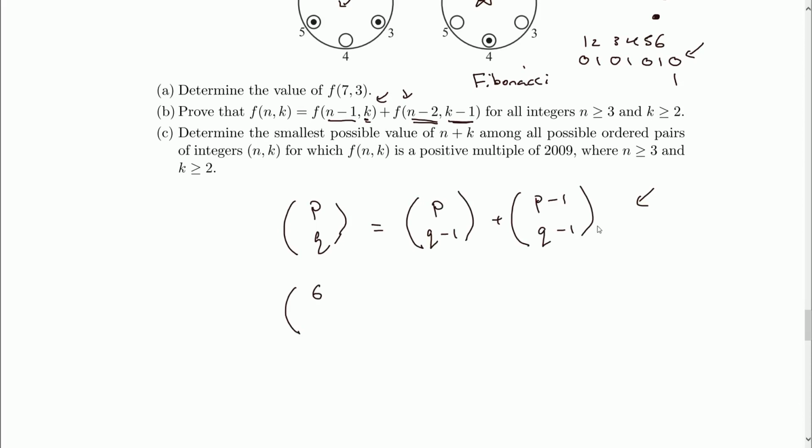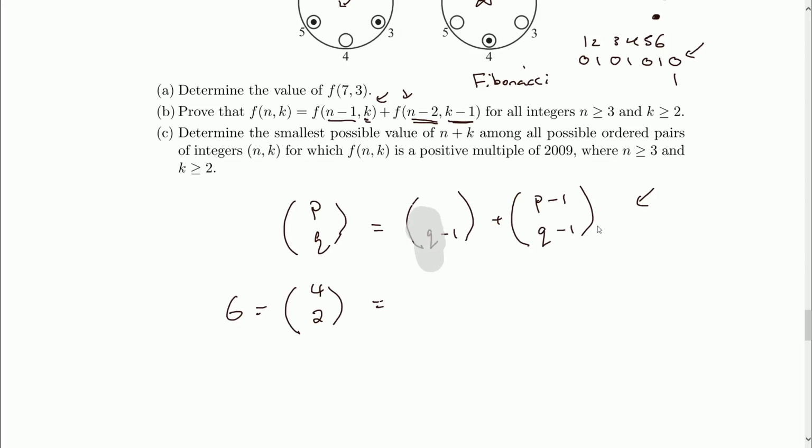Let's say 4 choose 2 is 6. And if I'm right, then that's 4 choose 1, which is 4, plus... No, my formula decided that would be 4 choose 1, that's 4, and then 3 choose 1, which is 3. Okay, I don't quite have the right formula, but there is a formula like this. Now I'm curious as to what it is.